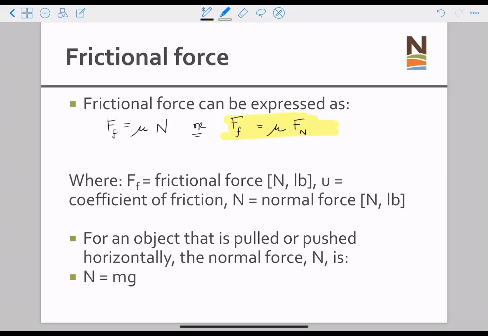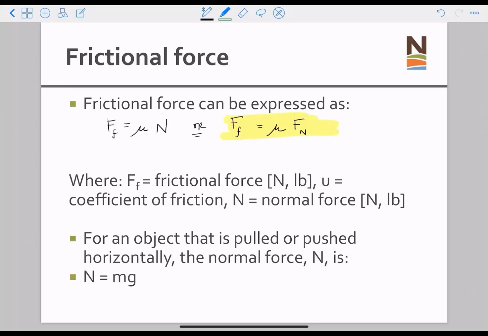Now, I will mention it when I go through problems, but often the book will tell you what the kinetic coefficient of friction is, but it sometimes will give you a static coefficient of friction. Now, the difference between those two is very small. Basically, when it gives you a static friction, that is the friction when the object is not moving, whereas when a kinetic or dynamic friction is given, that is when the object is in motion.